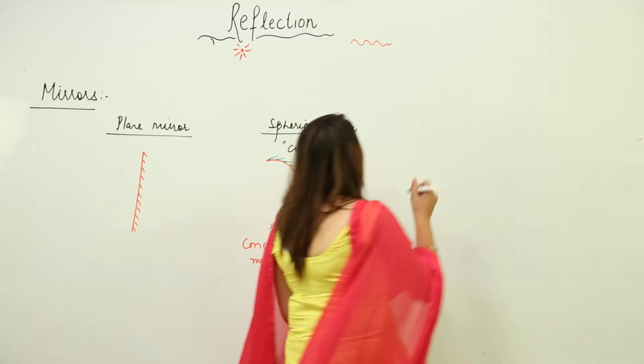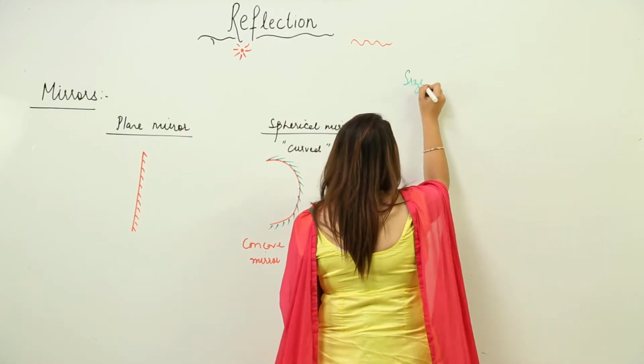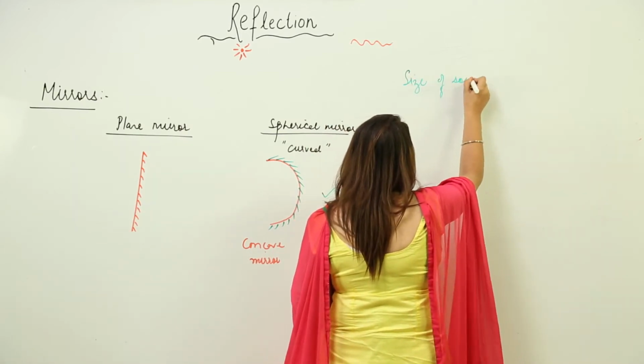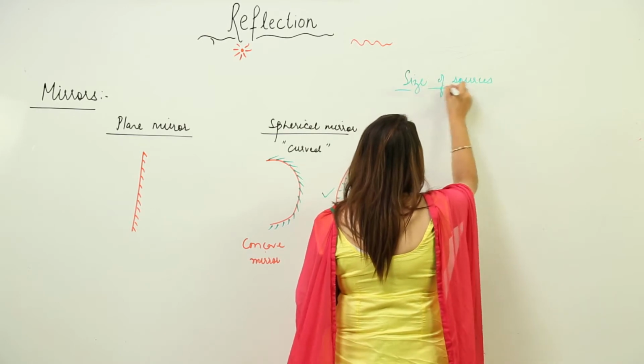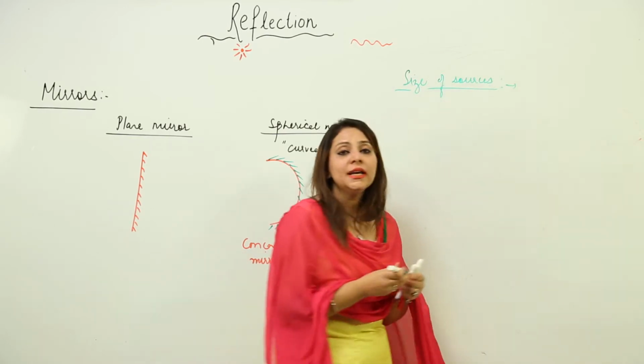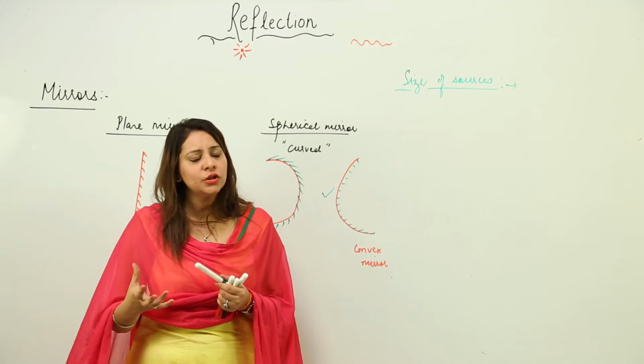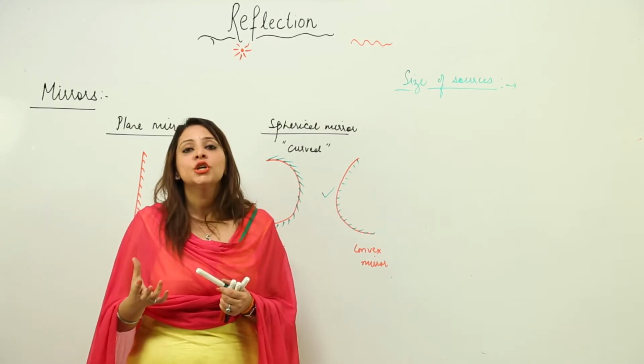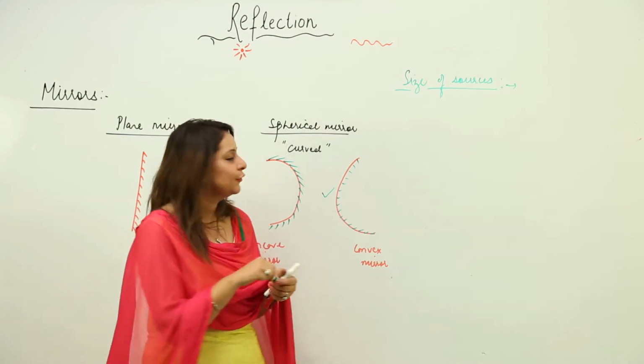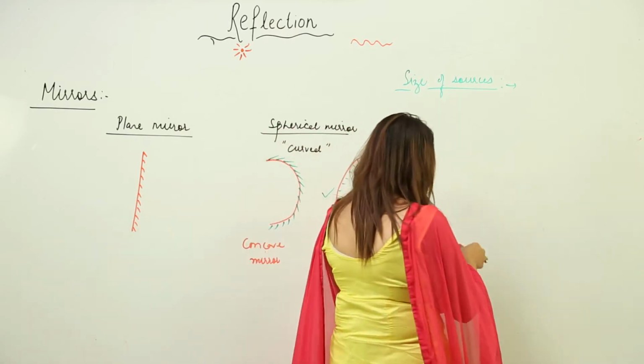Now depending upon the size of sources, that means what is the size of the source from which the light is being emitted, we classify the sources into two kinds.